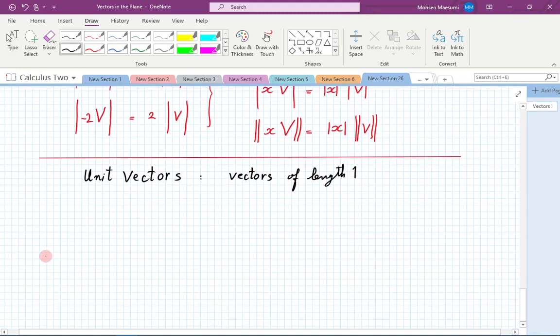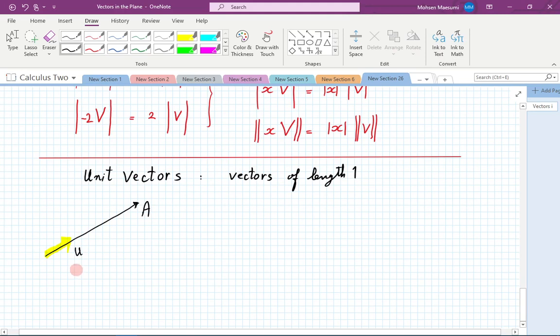Sometimes we have a vector of arbitrary length, but we want to find a vector of length 1 in the direction of this vector, essentially cutting it to size. So suppose I have a vector A and I want to find the vector u. Typically unit vectors are shown by letter u.